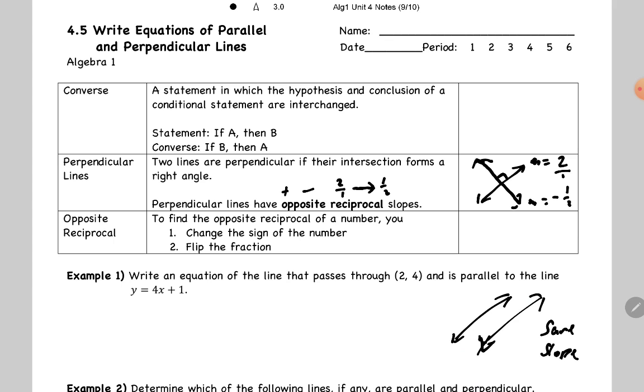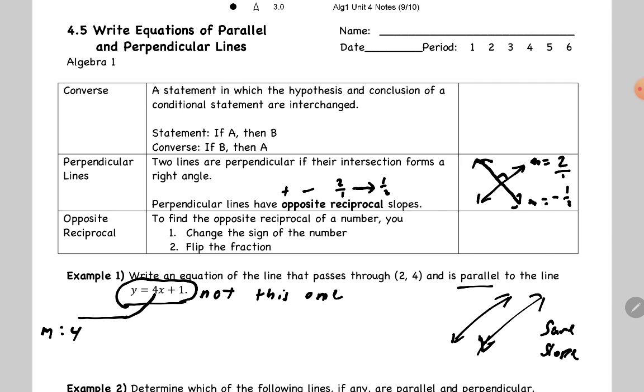We are writing a new line, not this one, but it's parallel to that line. So all I need from this is the slope, because a parallel line has the same slope, so the slope is 4.